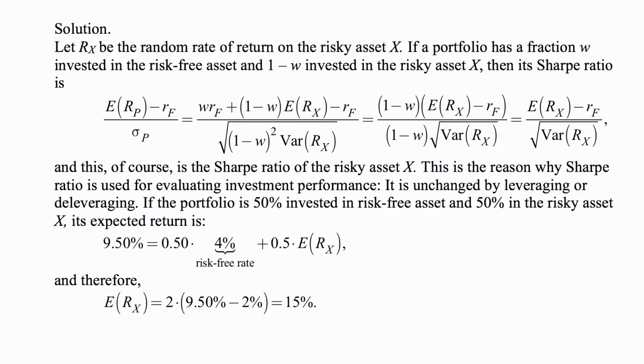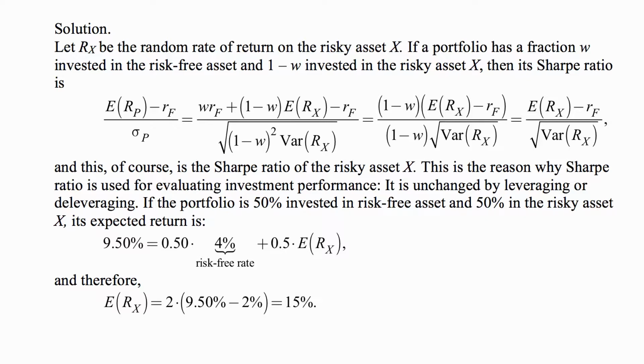And the top, once we combine the like terms, becomes 1 minus W times E of Rx minus Rf, and you cancel out the 1 minus W from the top and the bottom, and you see that for any portfolio created out of a risk-free asset and this risky asset, the Sharpe ratio is the same as it is for the risky asset. And it's a key insight.